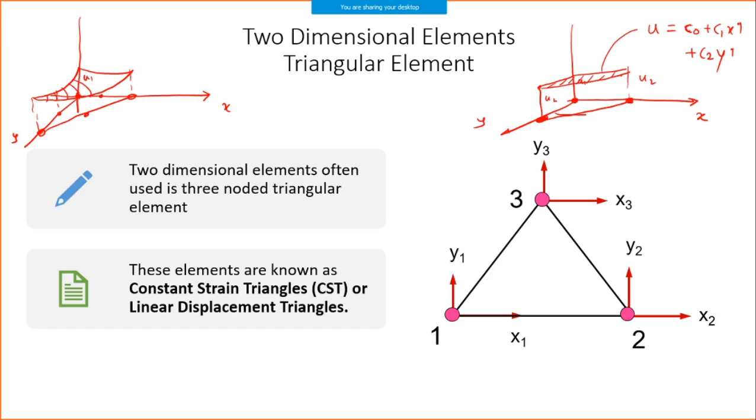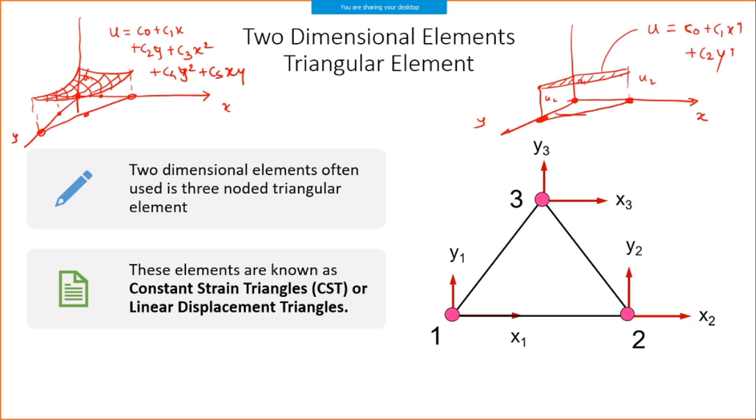It's not a planar surface like here, and that curved surface will be represented by the equation u equals c0 plus c1x plus c2y plus c3x squared plus c4y squared and c5xy, because I need to take in all the terms, x, y, and so on.